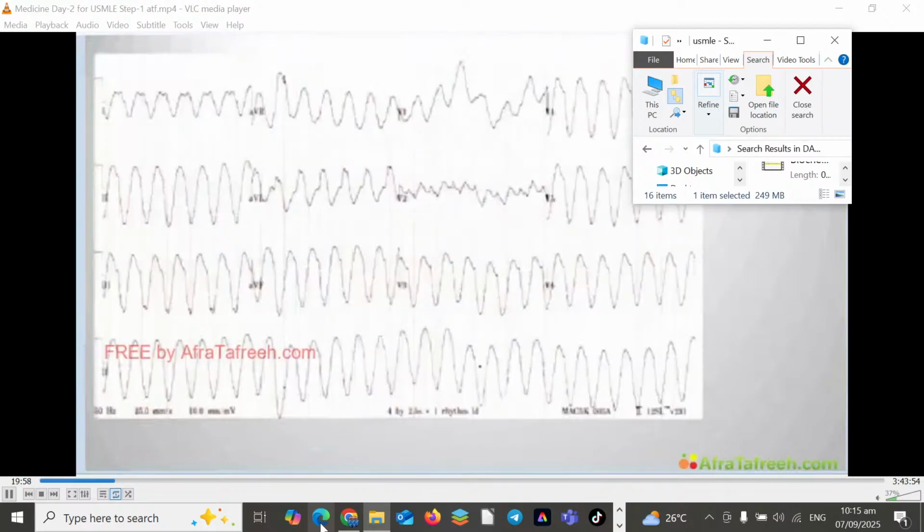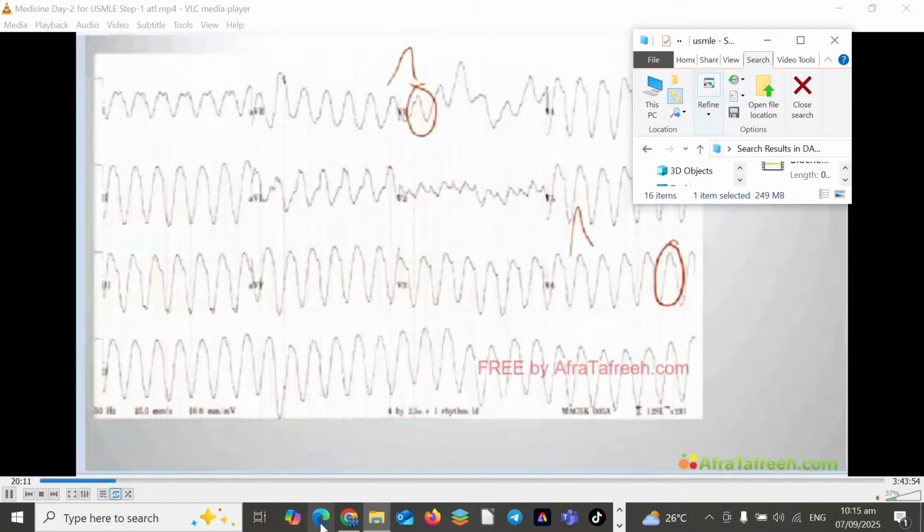When you look at this EKG, you look at V6 and you look at V1, and they look similar. Both of them appear this way. This is called concordance between the leads. This is a sign of concordance.